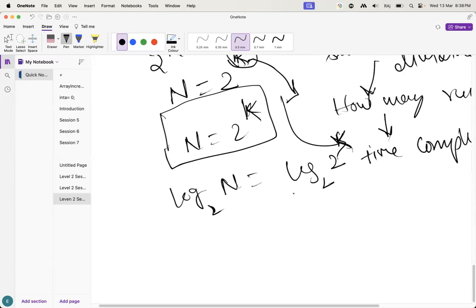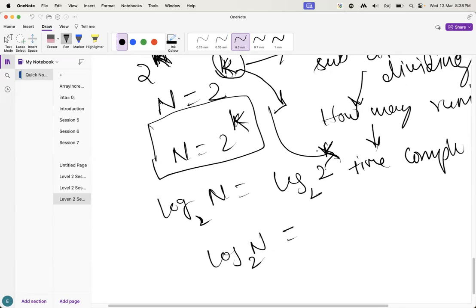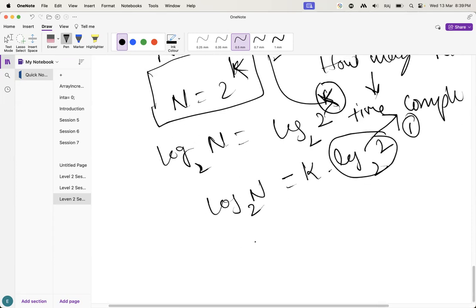Okay, guys. Now what will happen? Log n base 2 equal to, this is the power, guys. So the power always comes in front of log 2 base 2. What is the value of log 2 base 2? It is 1. So now we can say k equal to log n base 2.